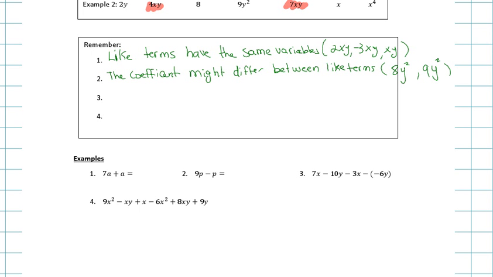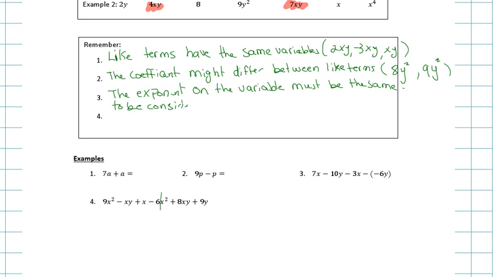The exponent on the variable must be the same to be considered like terms. So the example would be 8y squared and 9y squared.